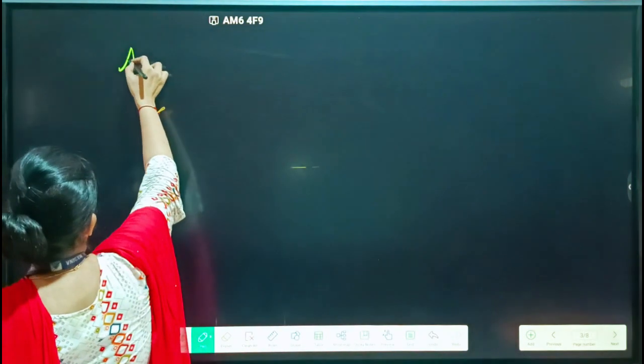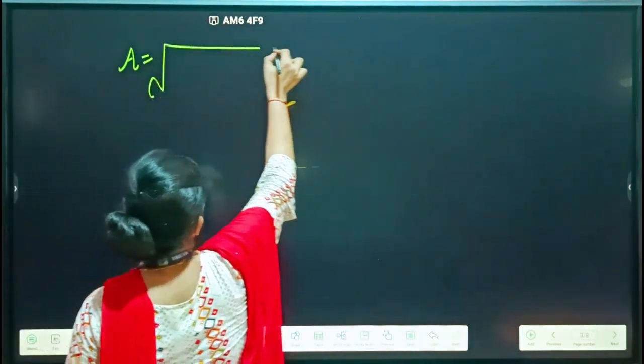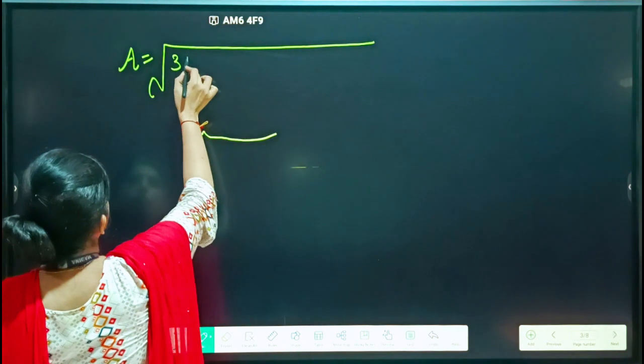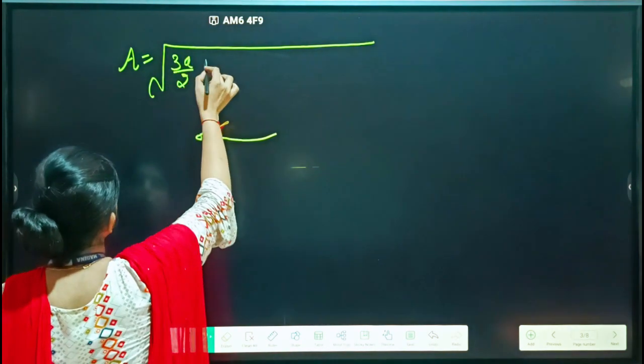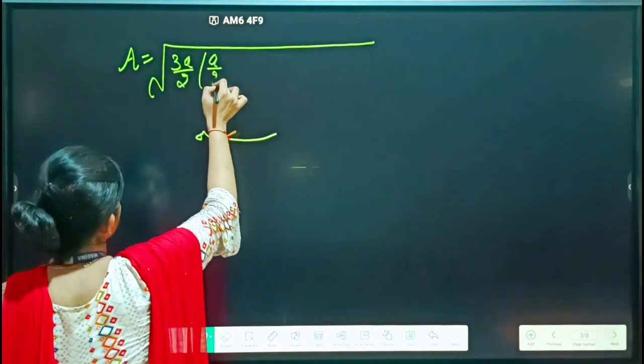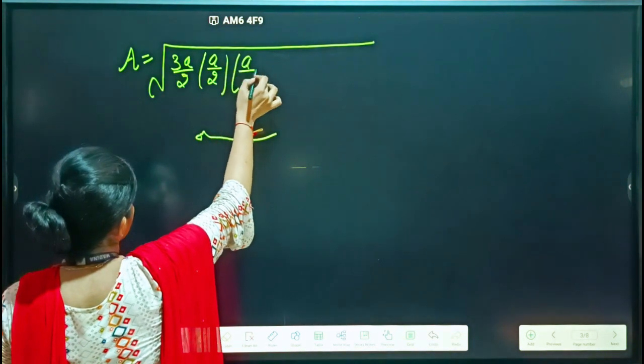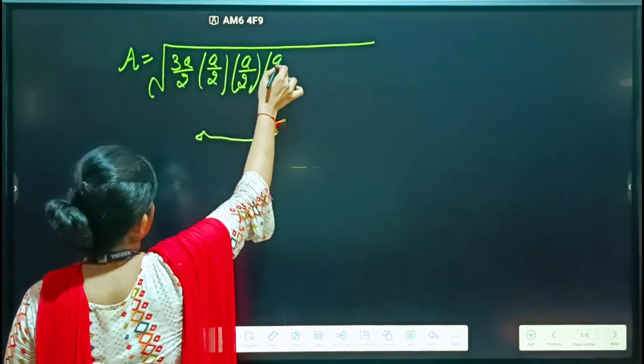Okay? After that, area is equal to under root of 3a by 2. 3a by 2 minus a is a by 2. Then again a by 2. Then again a by 2.